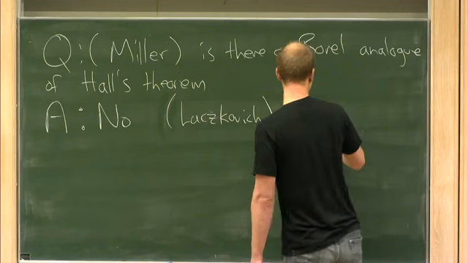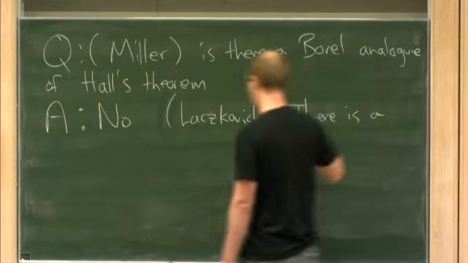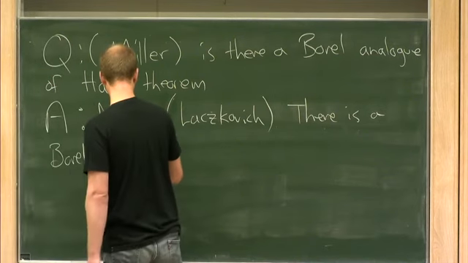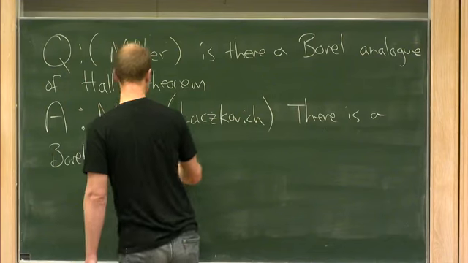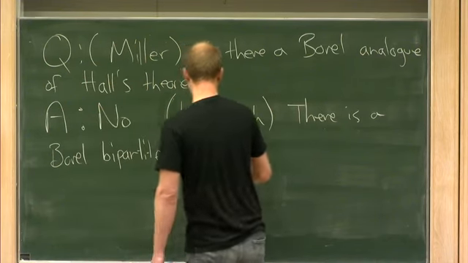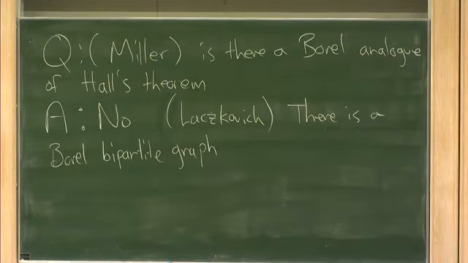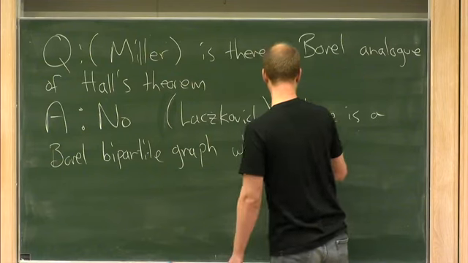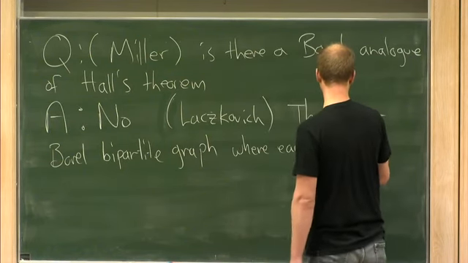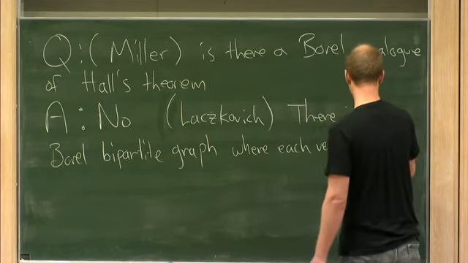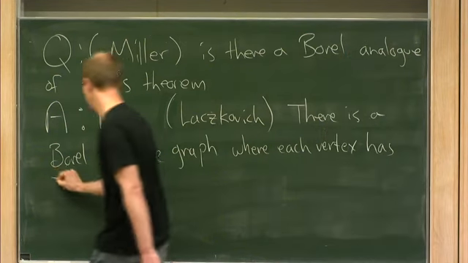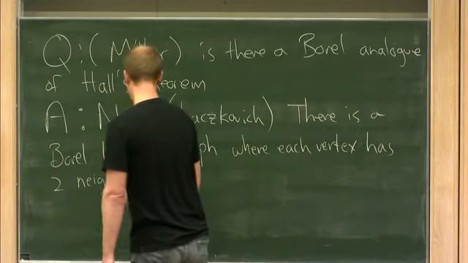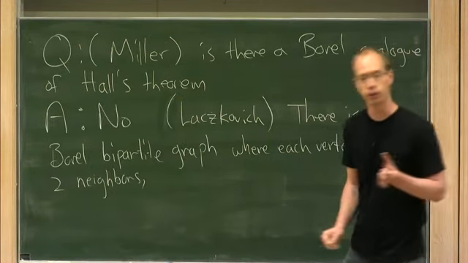There is a Borel bipartite graph, in fact, where each vertex has exactly two neighbors, and the graph does not admit a Borel matching.